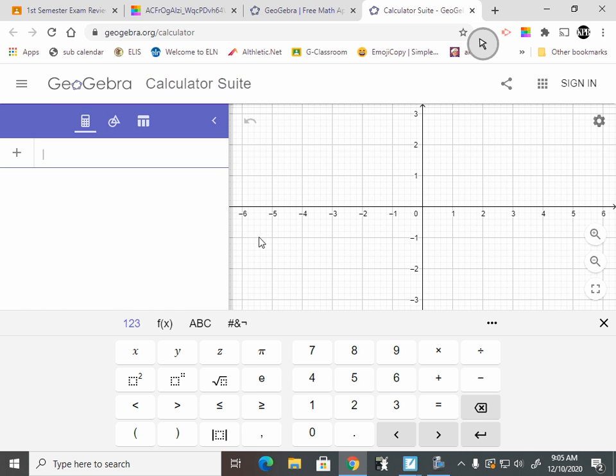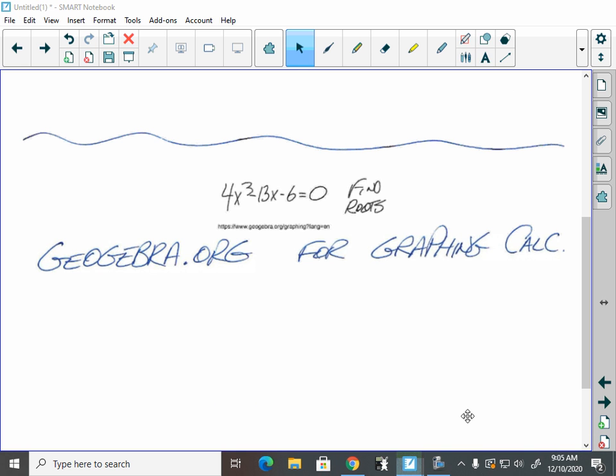Okay, and now I got to remember the equation. 4x cubed minus 13x minus 6. 4x cubed minus 13x minus 6.